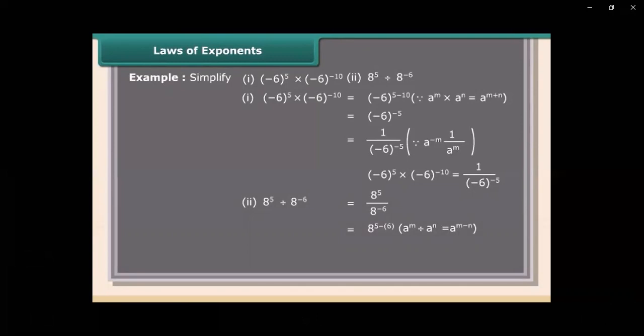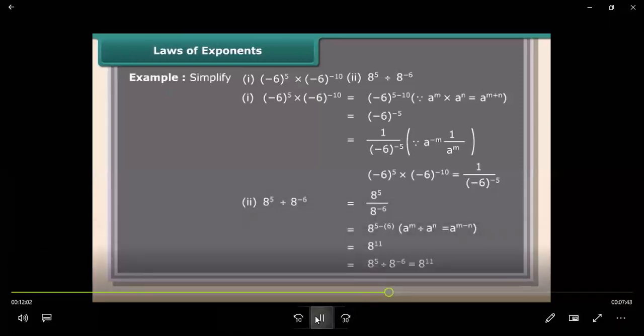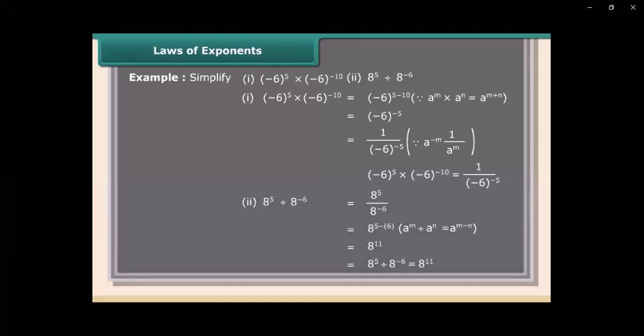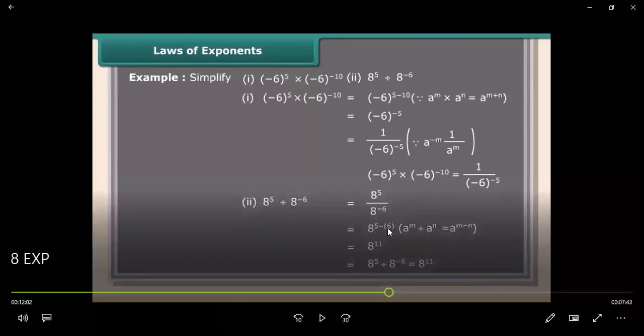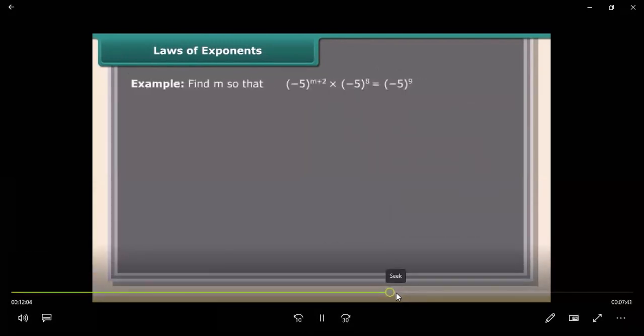So 5 minus negative 6: minus becomes plus. Here one minus sign is missing, so you have to put it on. So we'll get 8 raised to the power 11. Okay, that's our final answer for this one, because minus becomes plus. I hope it's quite clear to all of you now.